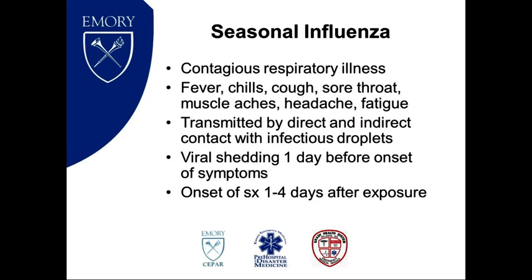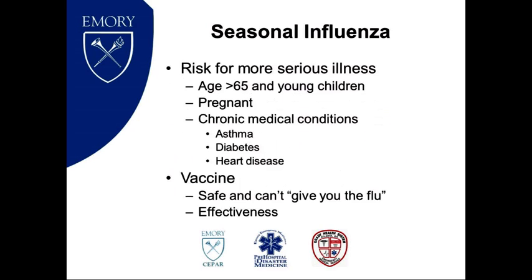Viral shedding, interestingly, can occur prior to onset of symptoms, up to 1 day or 24 hours before onset of symptoms, so it's very difficult to prevent transmission person to person, since even before an individual has any manifestations of illness, they can be infectious. The onset of symptoms usually occurs 1 to 4 days after exposure to an infected source.